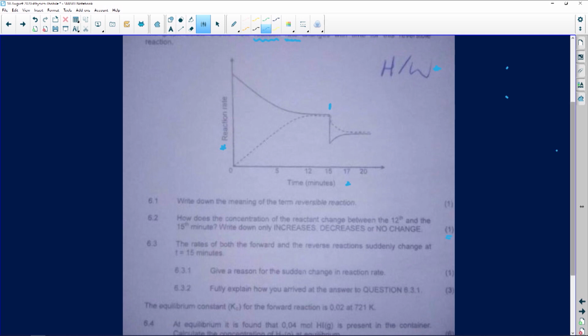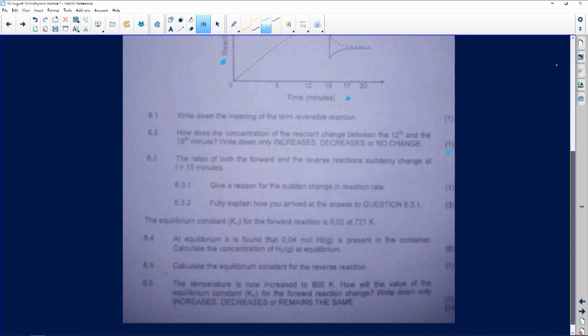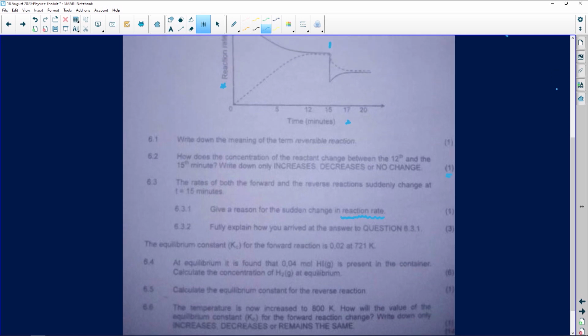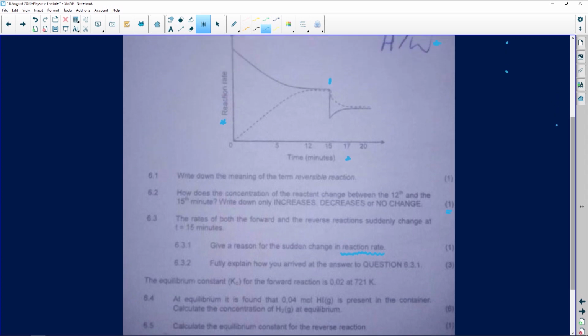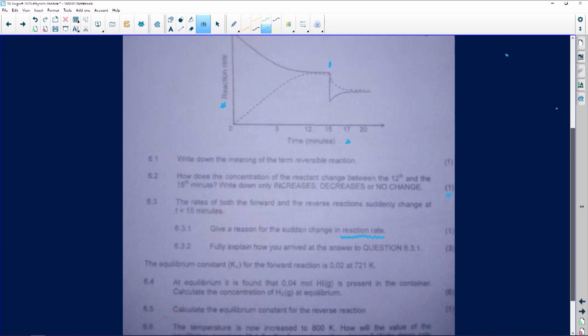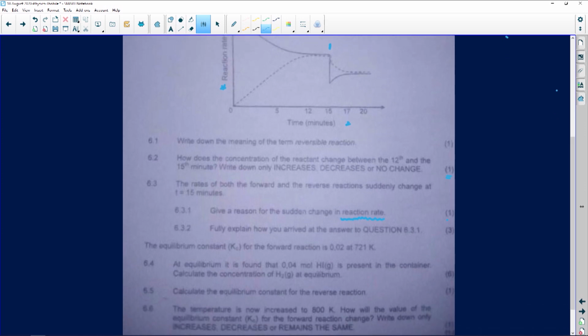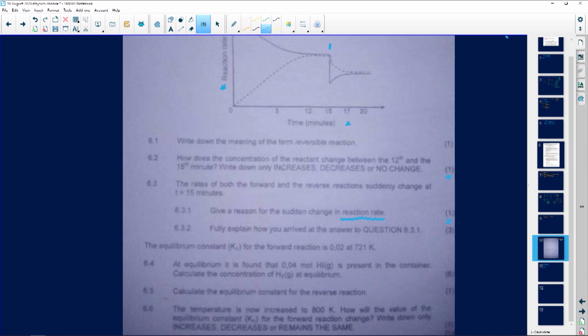The question says, give a reason for the sudden change in the reaction rate. Remember, reaction rate tells us how fast or slow something takes place. We have a dip here, which means that the temperature was decreased, because my reactants were going well, then it dropped, while my dotted line was forming, and then it also dropped. So there was a temperature decrease, and that was for only 1 mark.